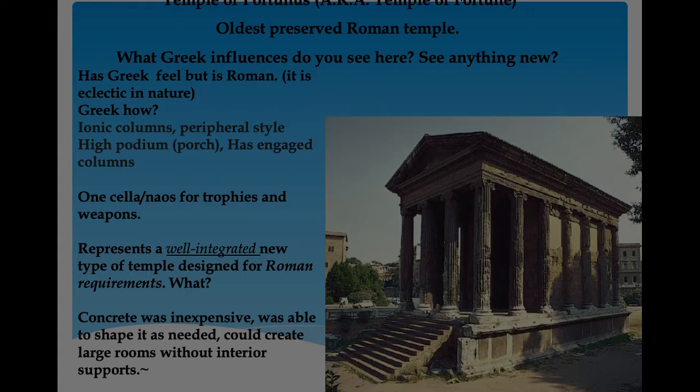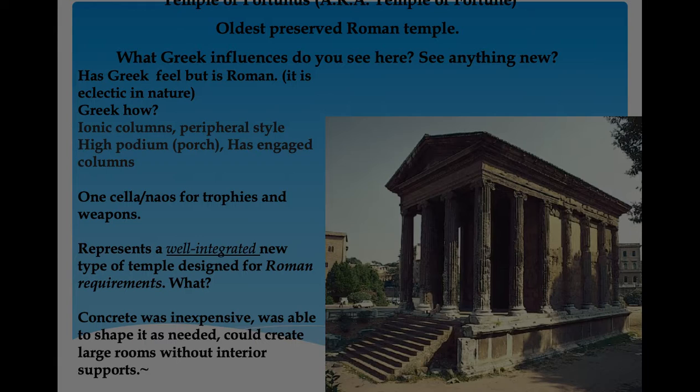So yeah, like Sierra said, we have Ionic columns, the peripheral style, the high podium, and the porch has engaged columns. So one cella, naos, for trophies and weapons, so that would be on the inside again. It represents a well-integrated new type of temple designed for Roman requirements. And then also, if you really study this temple, we notice a difference.